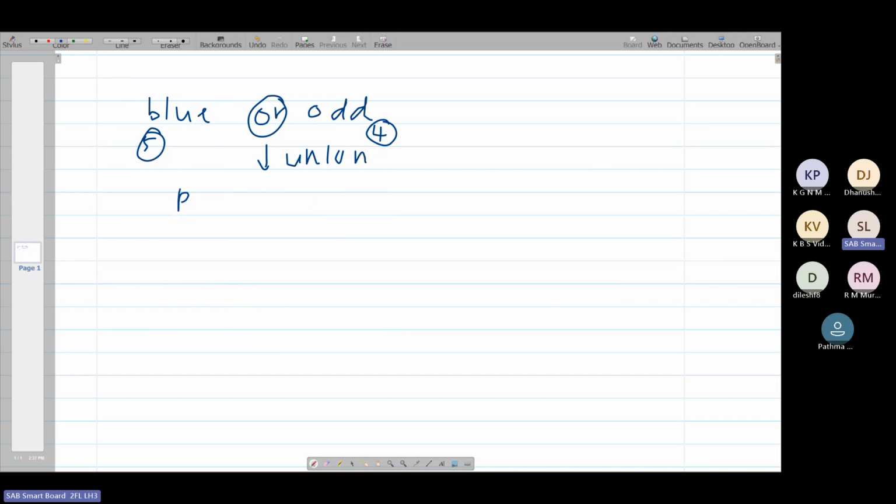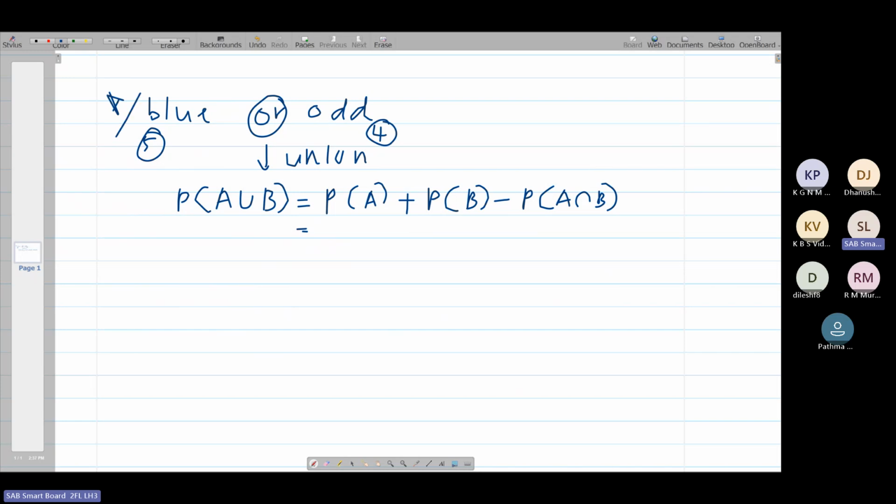Here we can use the addition law of probability. Probability of A plus probability of B minus the intersection. Okay, we say the card is blue, event A, and the card is an odd number, event B. Then probability of A, 5 blue cards, so 5 over 8. Then plus, event B says odd numbers, there are 4 odd numbers, so 4 over 8.